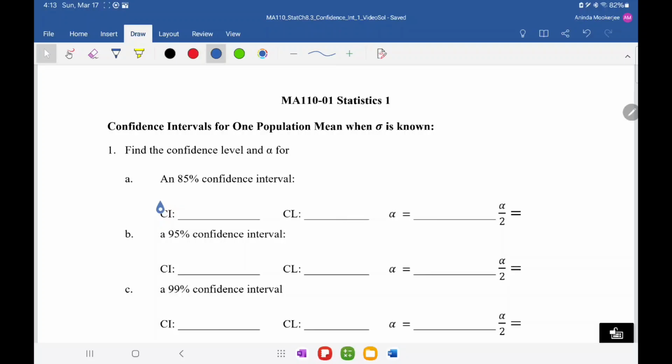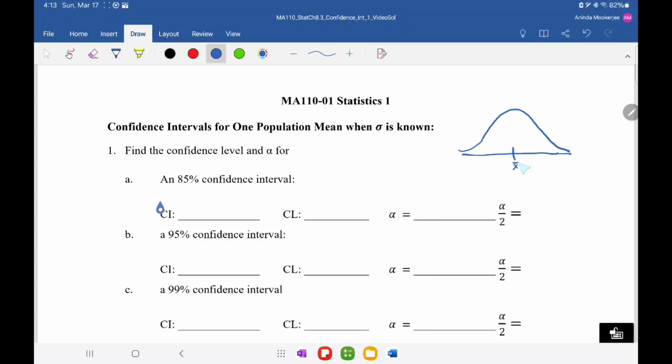All right. Now, confidence interval represents how wide our interval is going to be. So if we have a standard normal curve, a confidence interval is going to be around a sample mean value, correct?